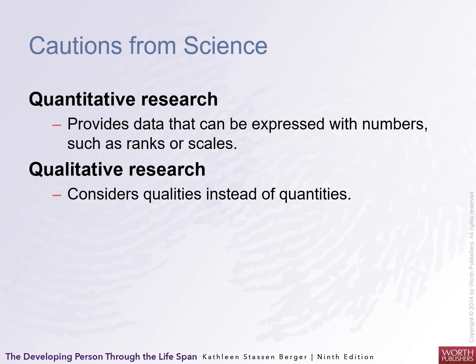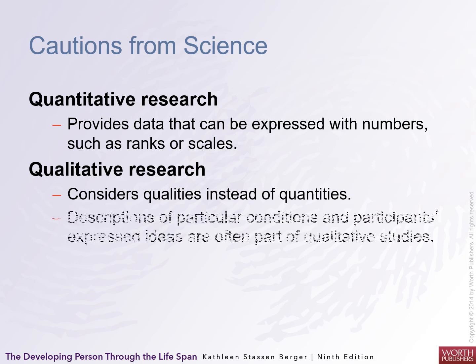So the qualities of the experience of having a disorder, for example, like Down syndrome. Instead of counting how many people have it, it's looking at what that experience is like. It considers descriptions of particular conditions of participants expressed in their ideas of what it's like to have that particular condition.